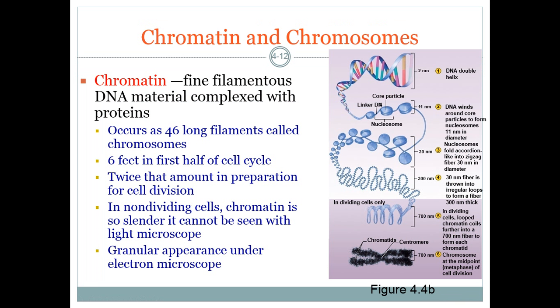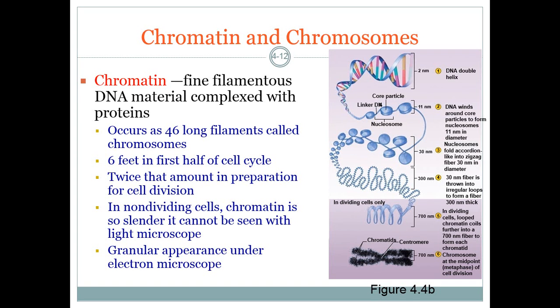Alright, so let's dive into the DNA structure itself. We have something called the chromatin. What is the chromatin? You guys have read ahead, but DNA is complexed with proteins to form a fine filamentous material called chromatin.